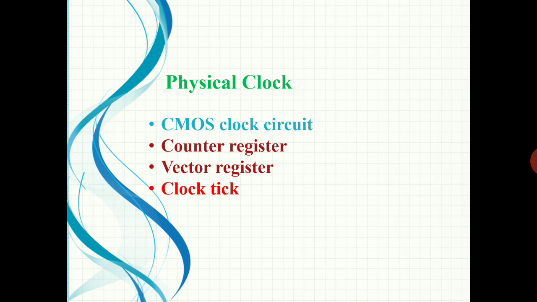For each oscillation, the value of the counter register is decremented by 1. When the value of the counter register reaches 0, an interrupt is generated, called a clock tick. After reaching 0, the holding register will load the value 60 into the counter register again, and it will start decrementing from 60 to 0. In this way, the general physical clock works in our system.